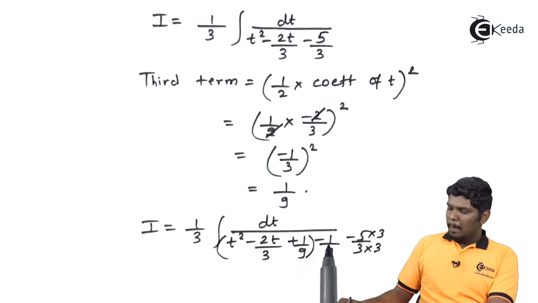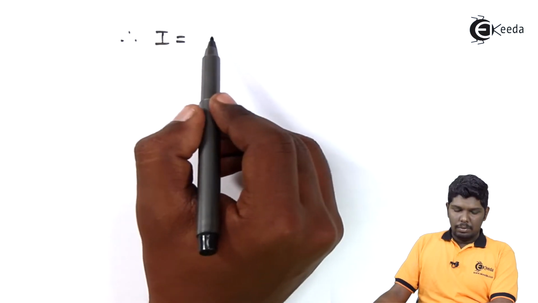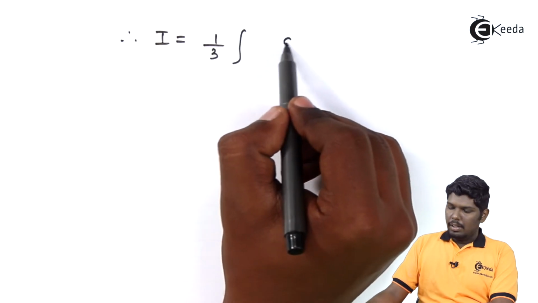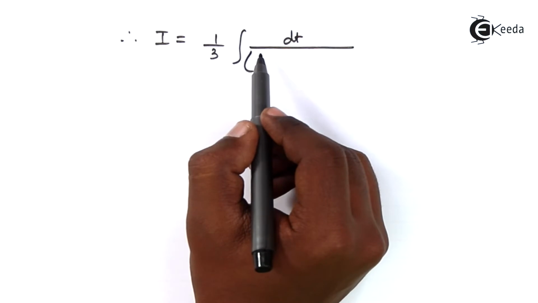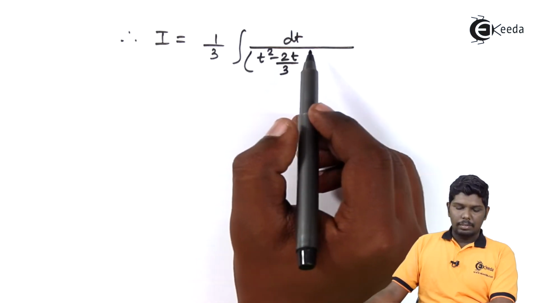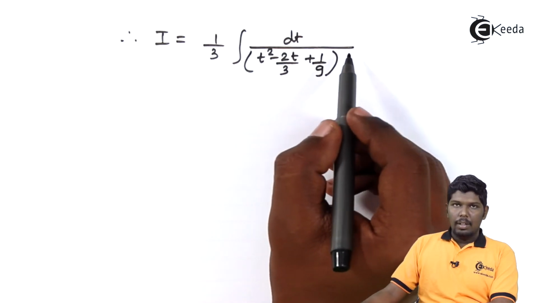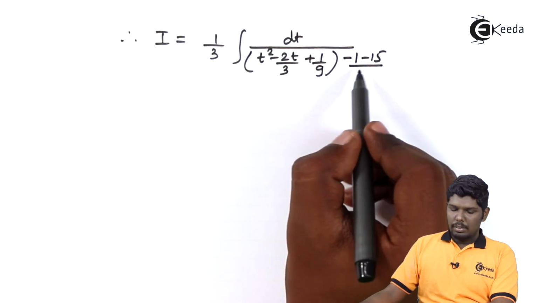This will give you minus 1 minus 15 upon 9. Therefore I is equal to 1 by 3 integral dt upon t square minus 2t by 3 plus 1 by 9 minus 1 minus 15 upon 9.